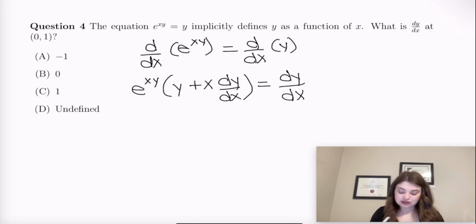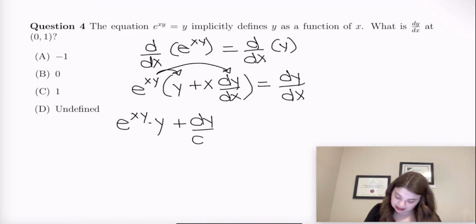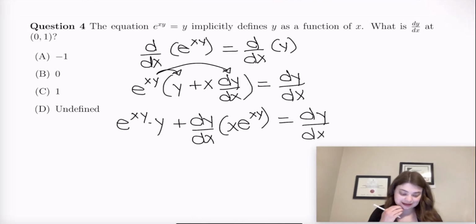Okay, and then we need to solve for dy over dx, right, is our entire goal here. So first thing I'm going to do is just use the distributive property. So we're going to end up with e to the power of xy times y plus dy over dx of x e to the power of xy is equal to dy over dx, like that. And then I probably want everything with dy dx to be on the same side and everything without to not be on the same side.